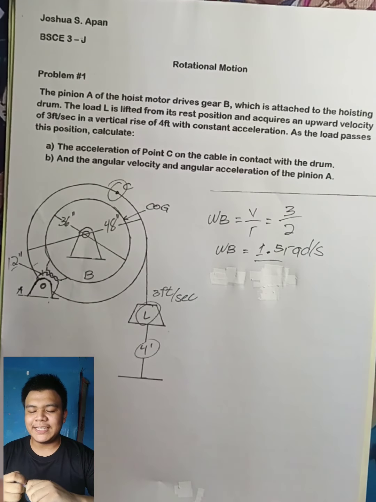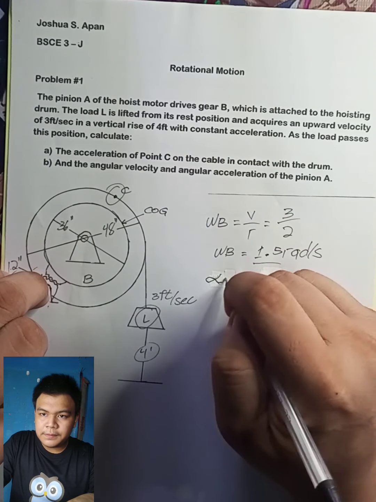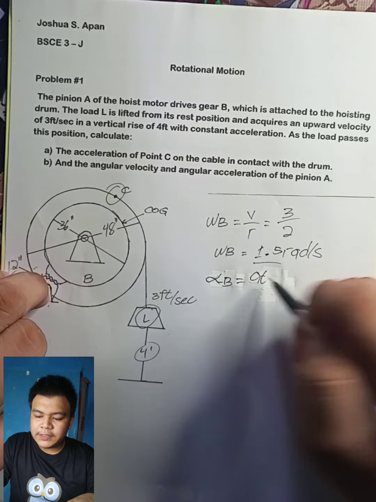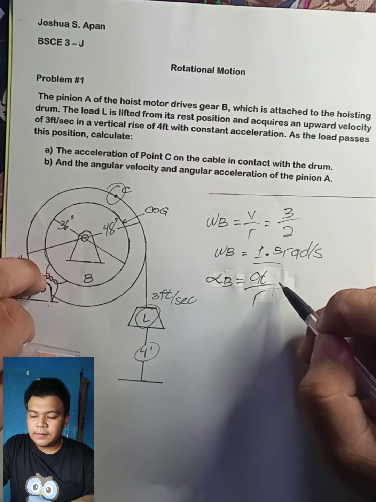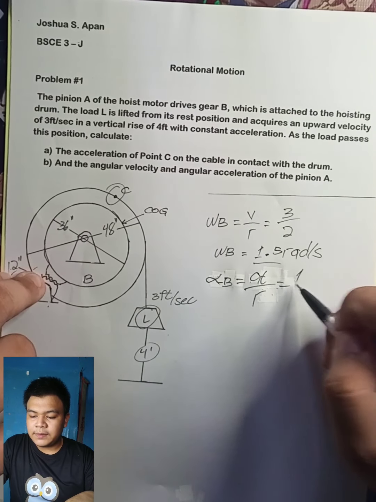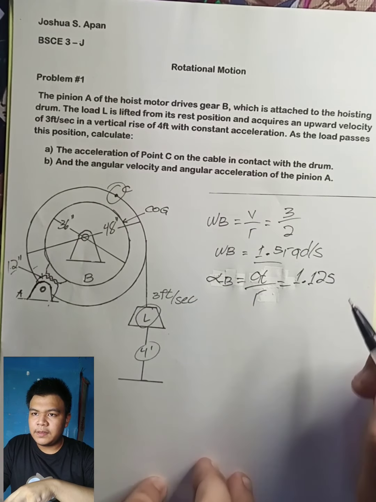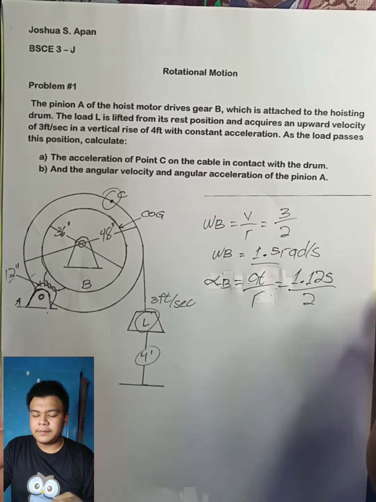So, yung angular acceleration naman ng B is equal to tangential acceleration over radius. So, nakuha natin to kanina, which is 1.125 over 2 na radius natin.